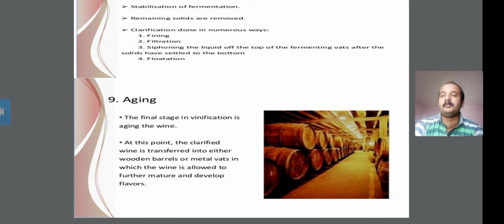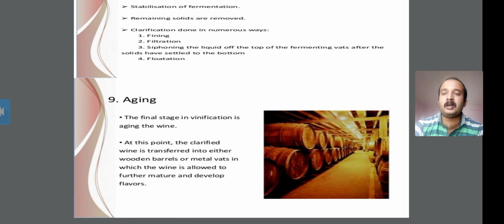This means that at the aging point, the clarified wine is transferred into a wooden barrel, known as a cask, or metal vats, in which the wine is allowed to further mature and develop its flavor.